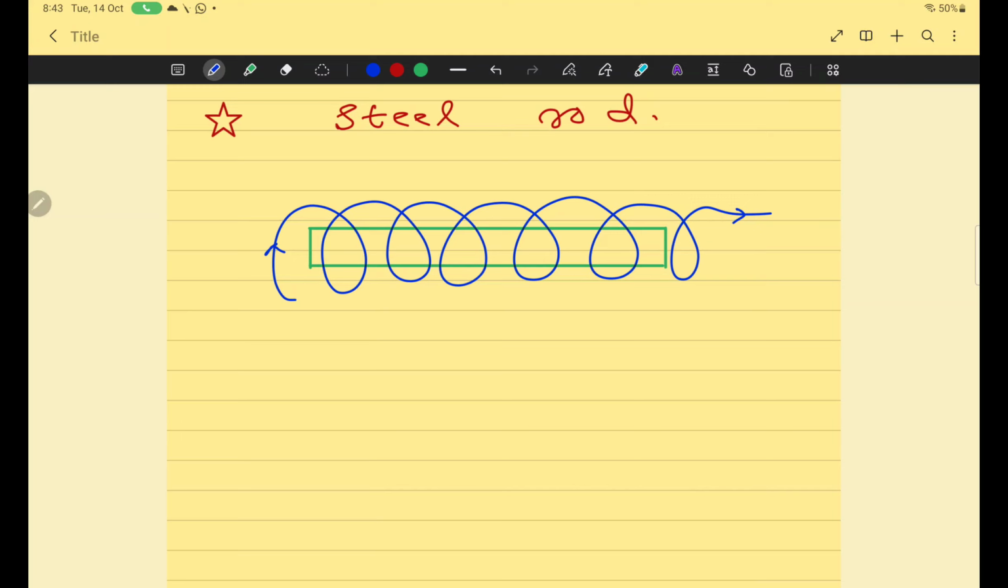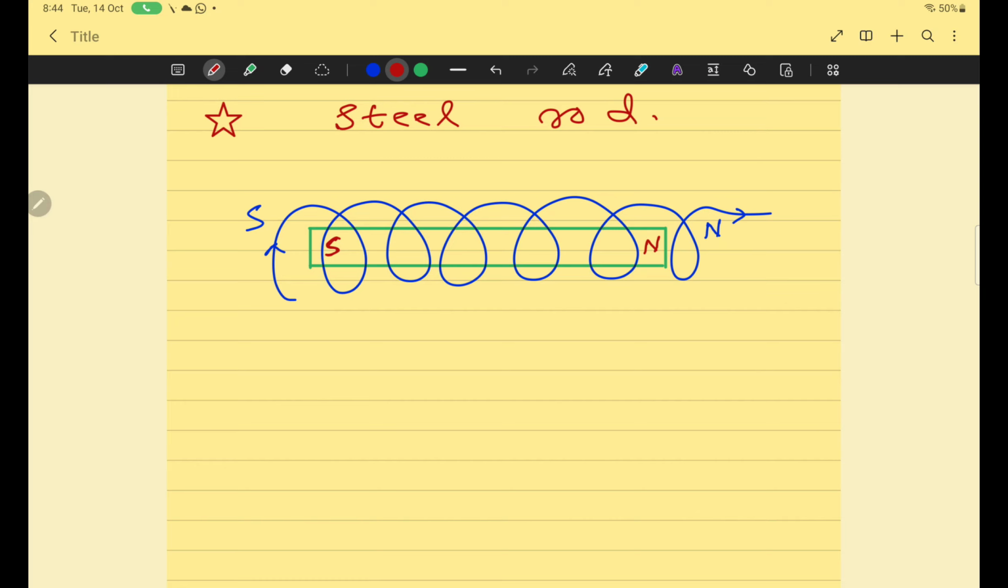A steel rod takes time. There is a time delay. It does not respond quickly. After a few minutes, you will see the north pole here in the steel rod and the south pole here, and now it is magnetized.